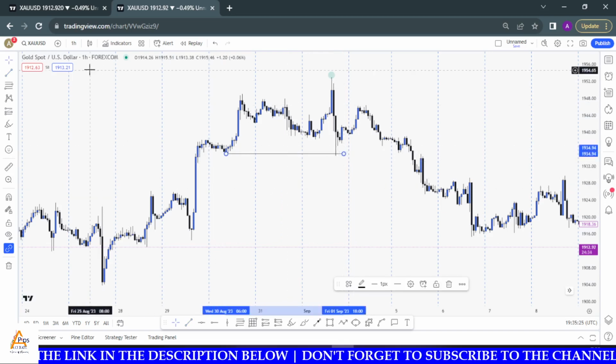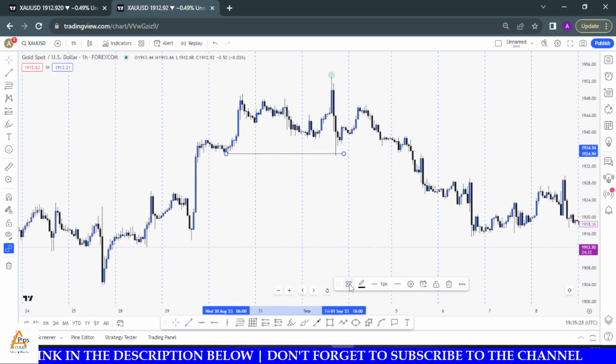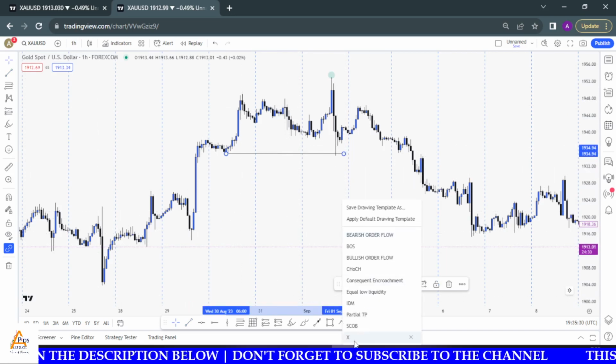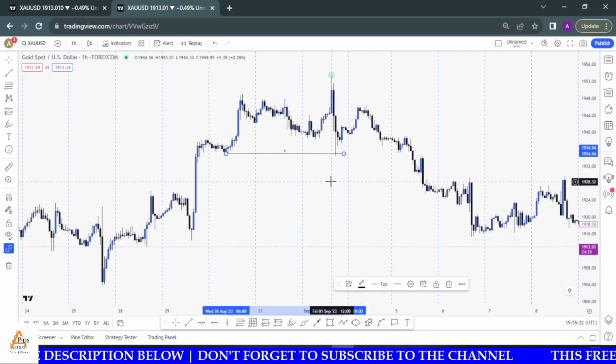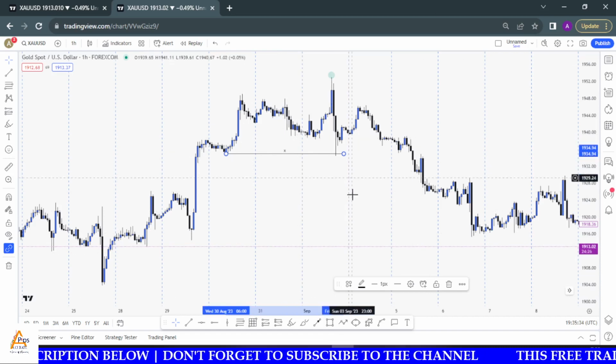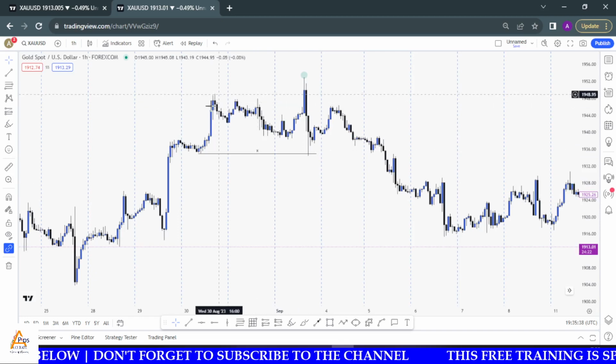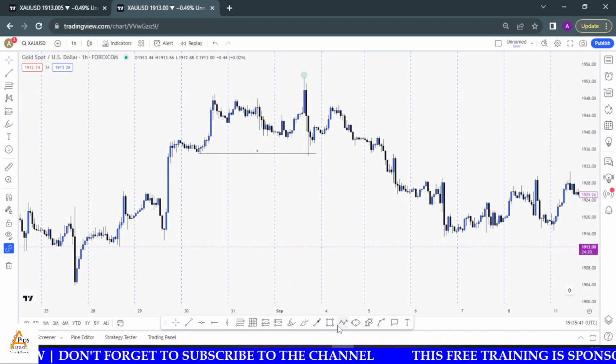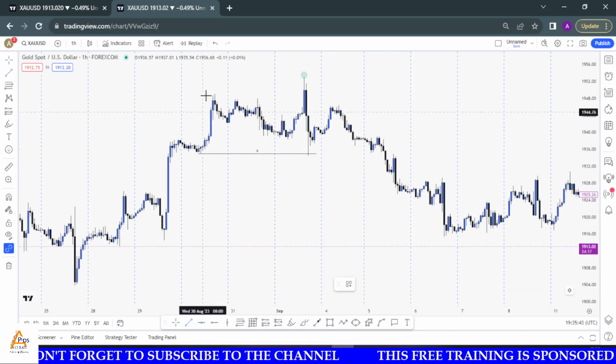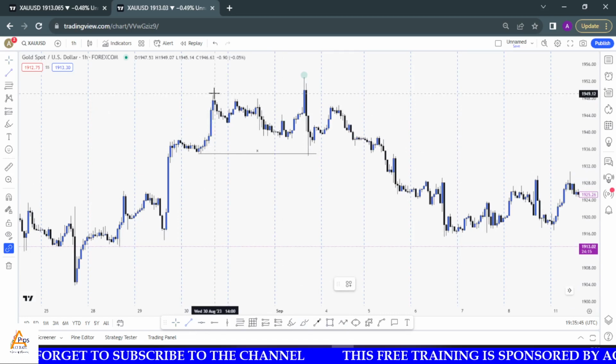Price swept that low, so that gives us our IDM. Now beautiful. So now this was our high over here, like how I put it, normal high.